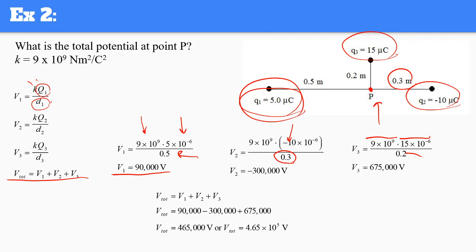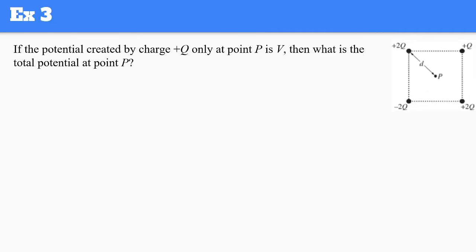All we have to do is add them all, and once you add them together, you find that your total potential is 465,000 volts, or you can also write it as 4.65 times 10 to the power of 5 volts. So you individually find the potentials and add them together. You just need to be careful with the sign.